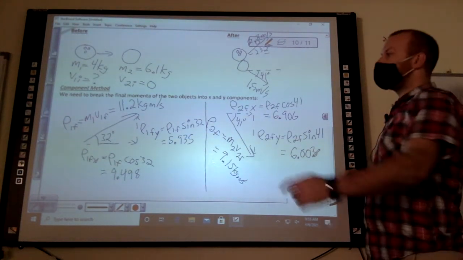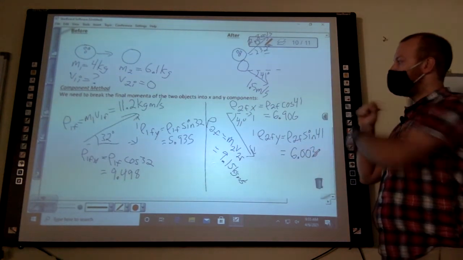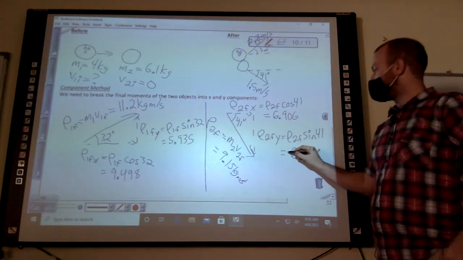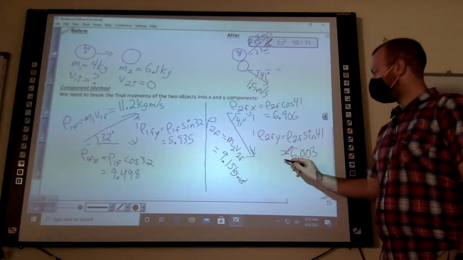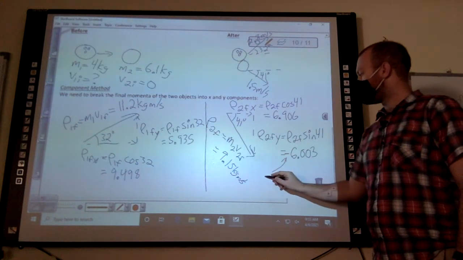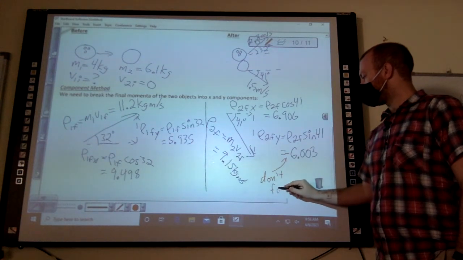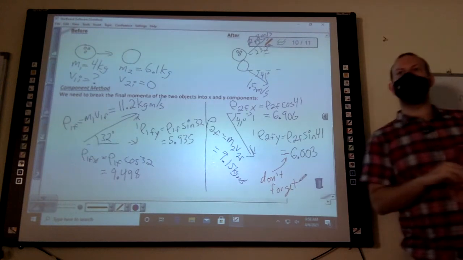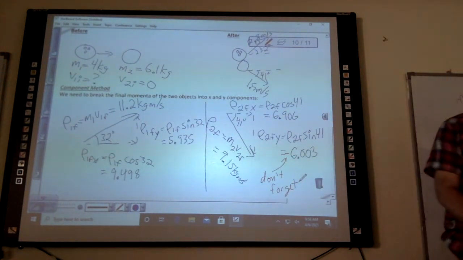Any momentum that's to the right or up is positive. Anything that's left or down is negative. So this one needs to be negative. Don't forget to do this: if a portion is going down or to the left, you put it as negative.